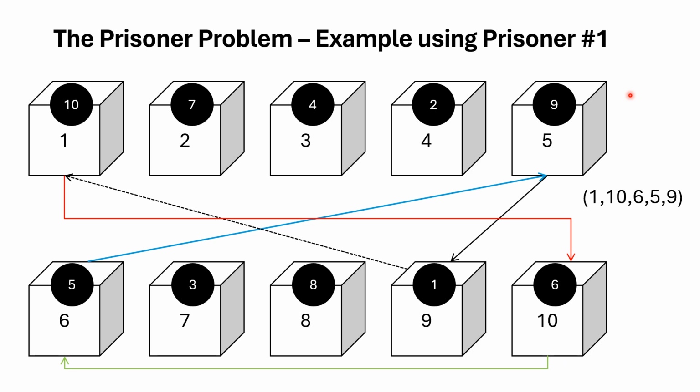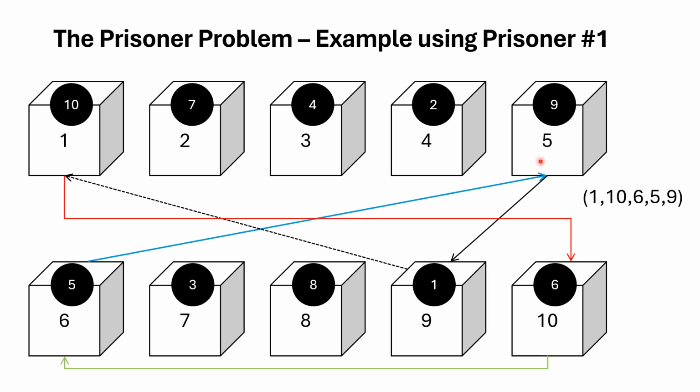But what I want to add is that the other 3 prisoners whose numbers were in the boxes in that loop would also find their number in exactly 4 tries. So all 4 of them would have a success. Now I want to look at a different cycle. Let's start with prisoner number 1. He opens box 1, it has a 10 in it. So he goes to box 10 that has a 6 in it, which means he'll go to box 6 that has a 5 in it.